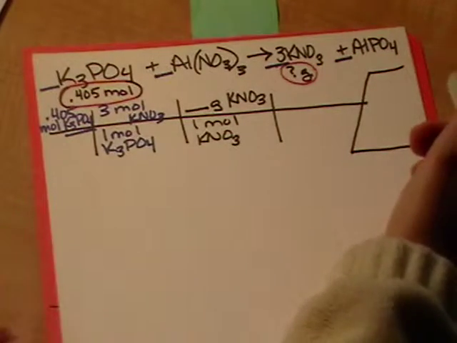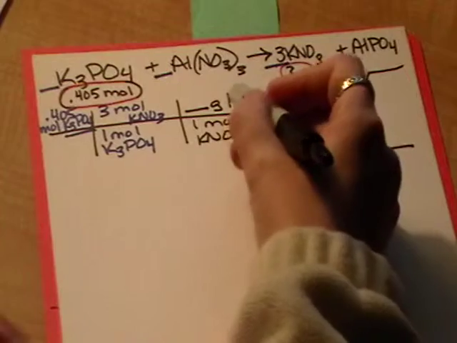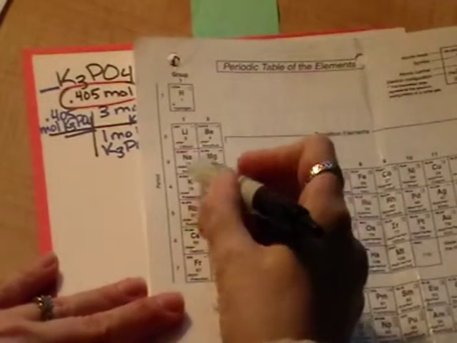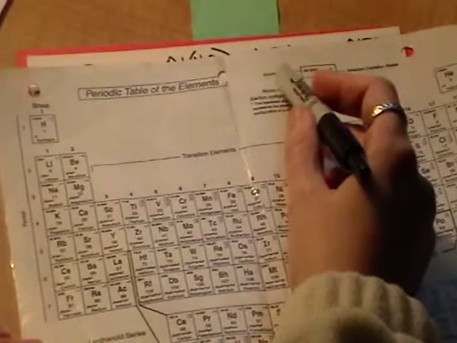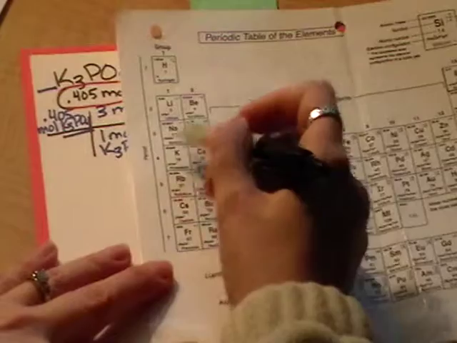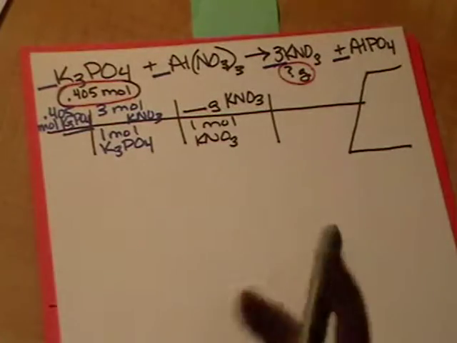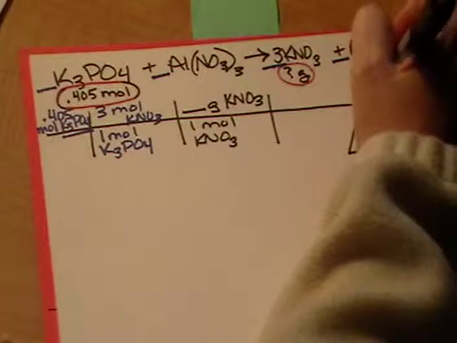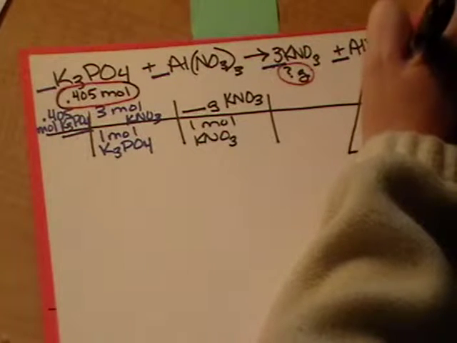Okay. On the periodic table, I'm going to look up potassium. And when I see potassium and I want to know the mass of potassium, I'm going to go where it says average atomic mass, and I see it's 39 point, actually 39. So I've got K is equal to 39.